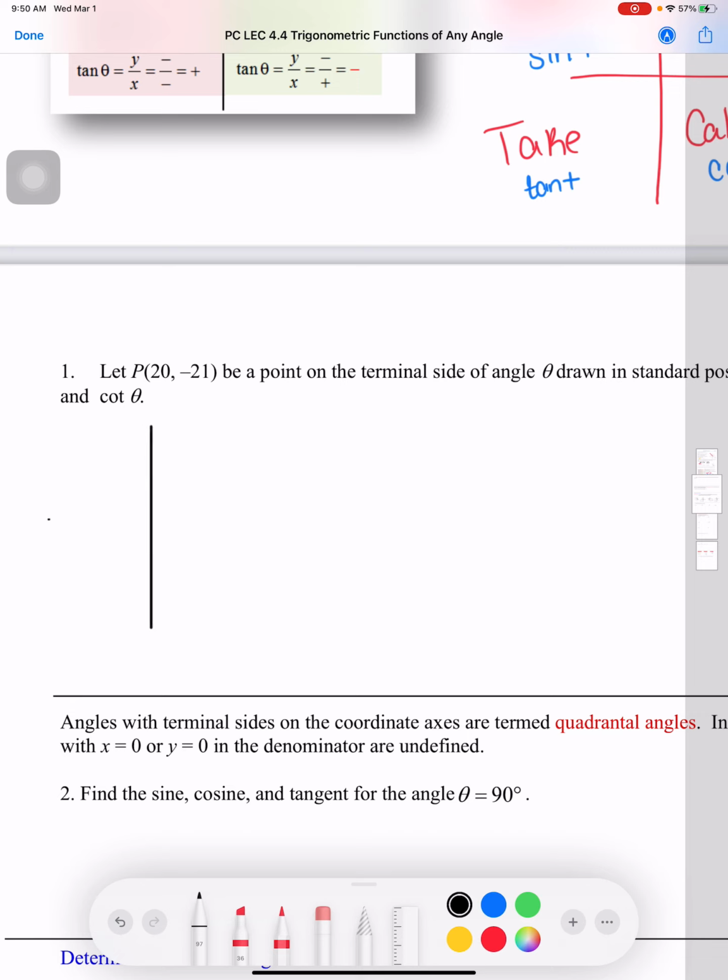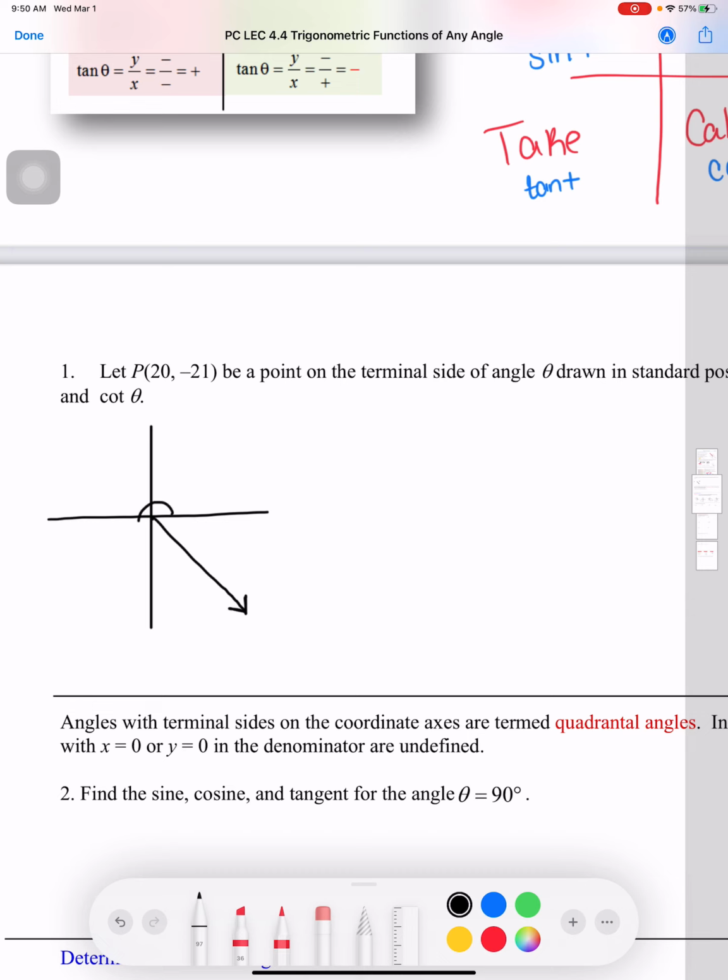I have a coordinate plane, and I have an angle where the terminal side ends at positive 20, negative 21. So that point is down here somewhere.